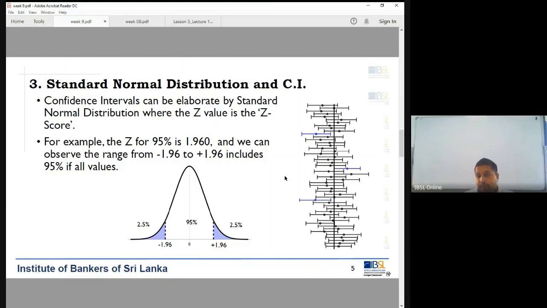So there's nothing new here. And on the other side, if you want to find this 2.5%, again you scroll to the first page, the negative side of your table, under negative 1.96. If you keep an eye on your table under negative 1.96, you will see 0.025. That is where this 2.5% comes into play.